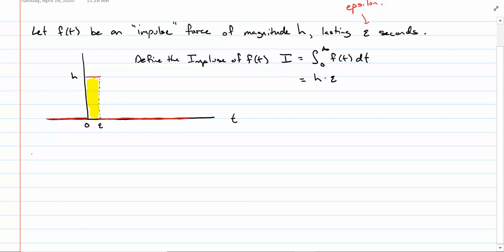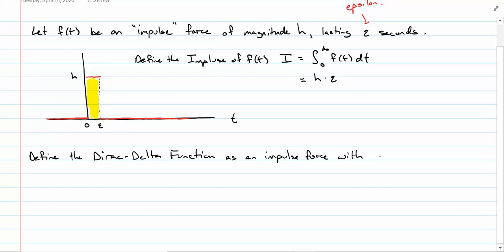So we define what's called the Dirac-Delta function as an impulse force with epsilon going to 0, with impulse actually equal to 1.